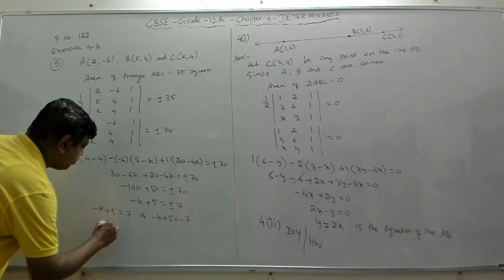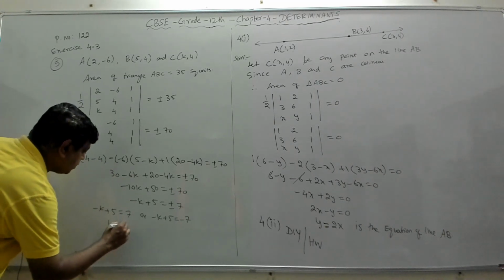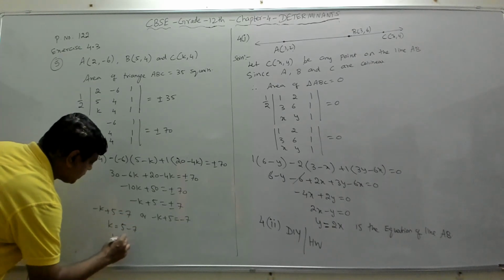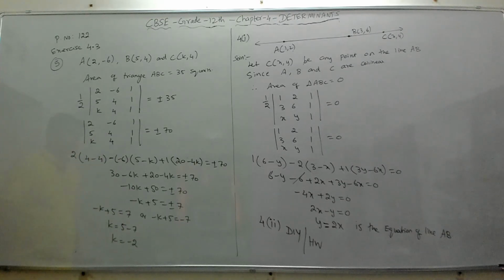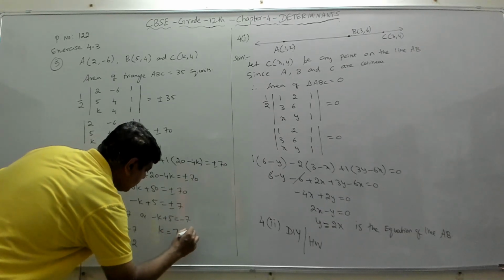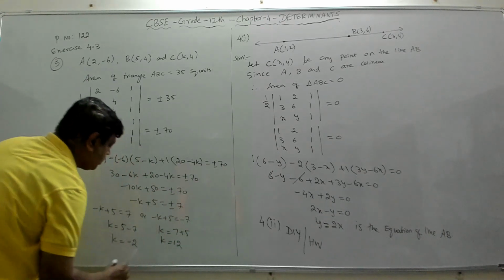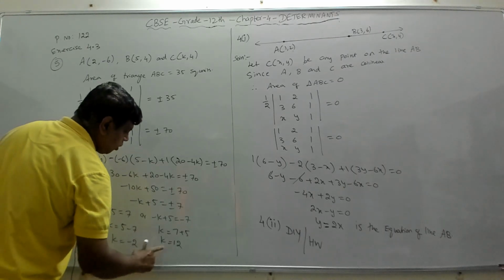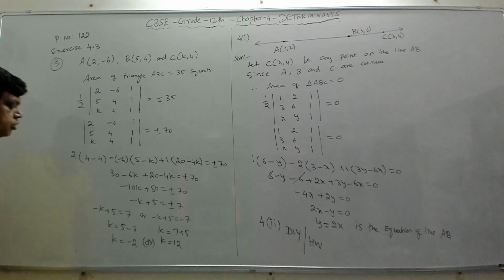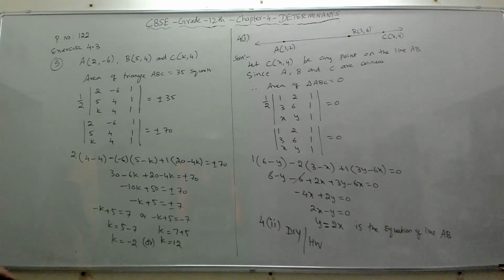So this will give you k is equal to 5 minus 7, which means k is equal to minus 2. Or this k will come here, you will get k is equal to 7 plus 5, k is equal to 12. So your answer is either k is equal to minus 2 or k is equal to 12.